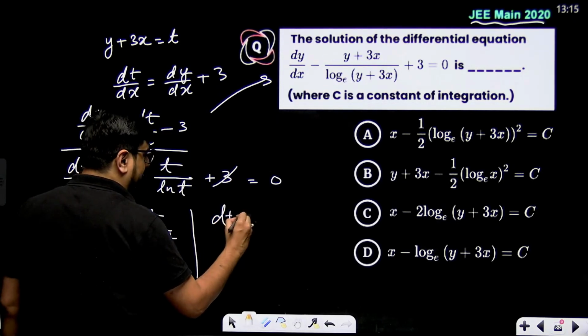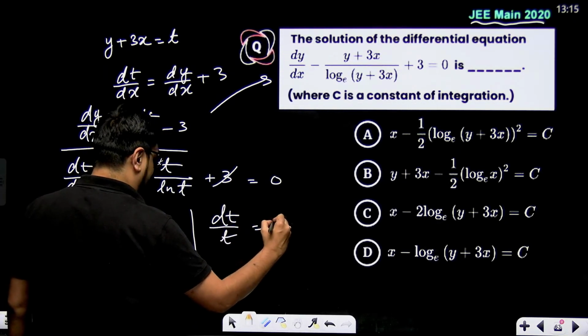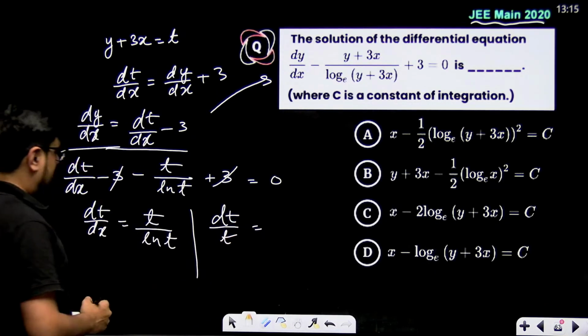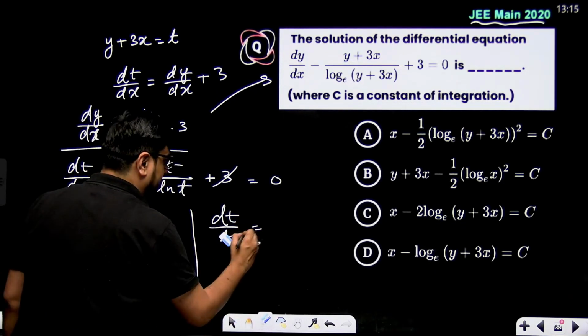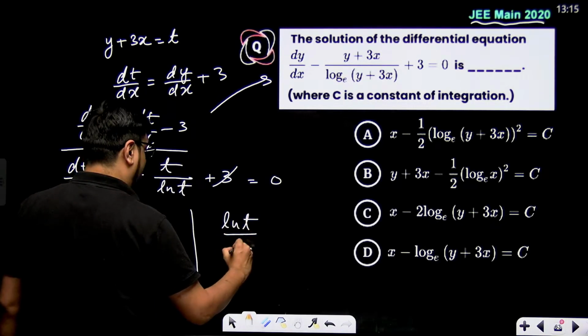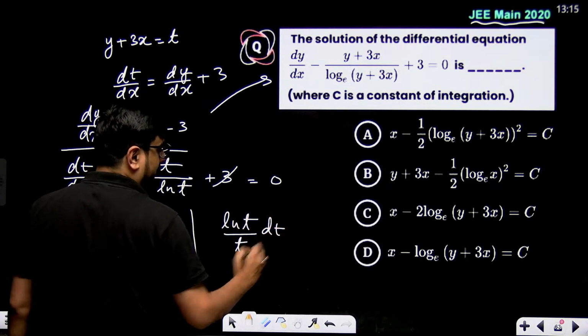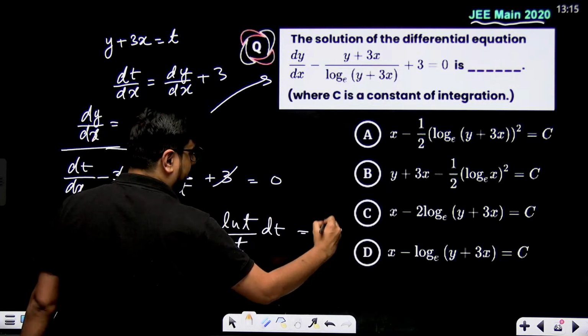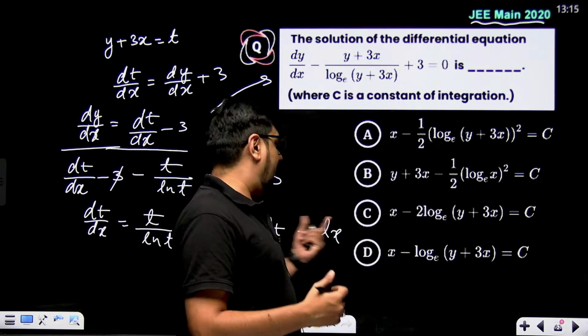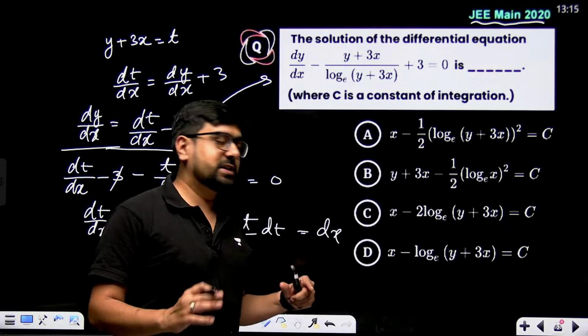So ln of t by t dt we'll have on one side, and on the right side we are going to have dx. Now just integrate both the sides and we have our solution of the differential equation.